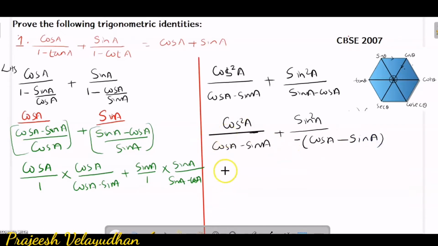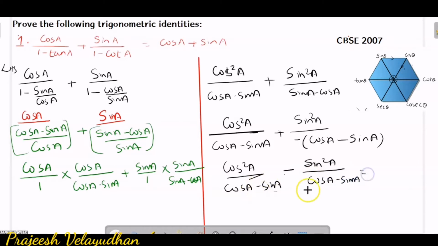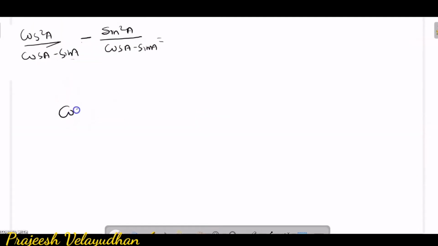Now again we can rewrite as cos square A upon cos A minus sin A, minus, since plus divided by minus, this entire term will be minus, sin square A upon cos A minus sin A, the common denominator.